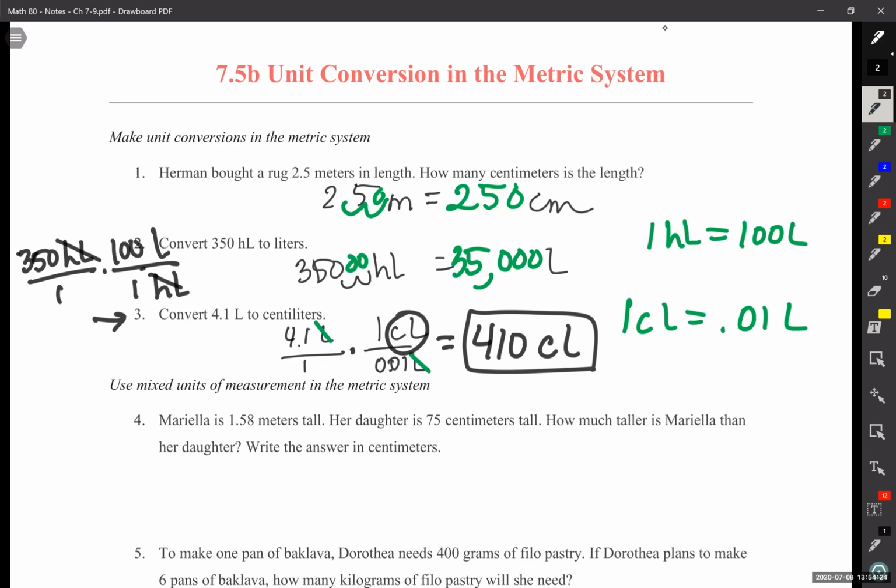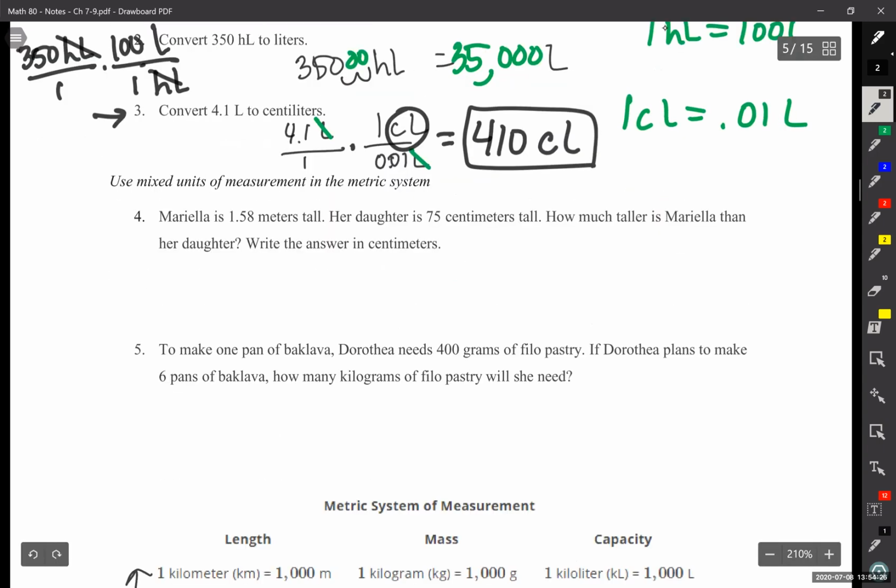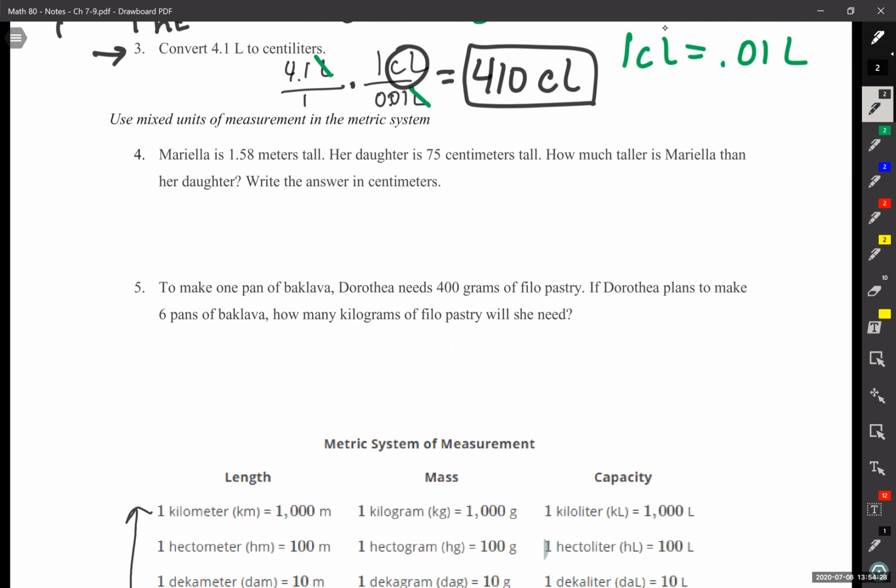Okay, mixed units of measurement in the metric system. We just did mixed units before, so we're going to do this again. This is a little easier to add though because it's decimals. We have 1.58 meters. And then it says her daughter is 75 centimeters.